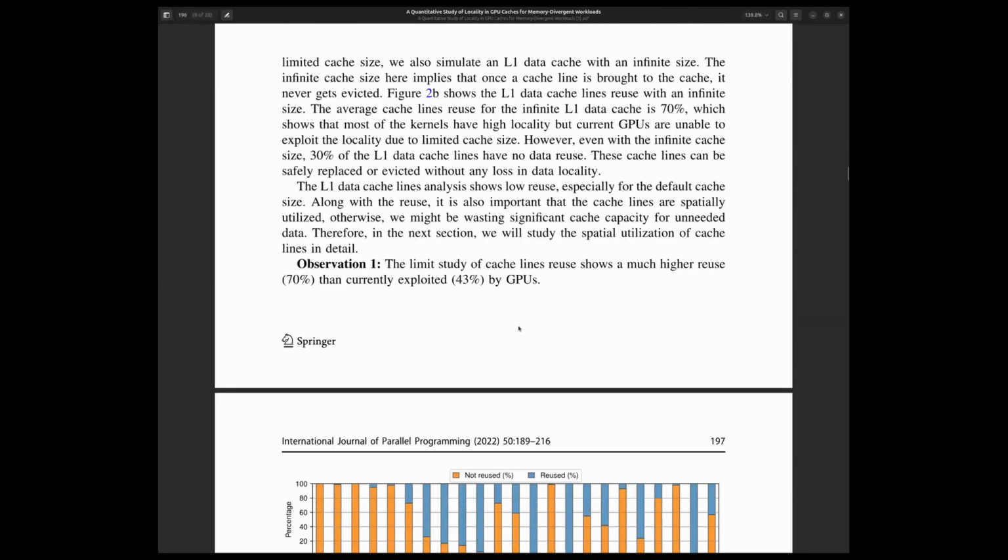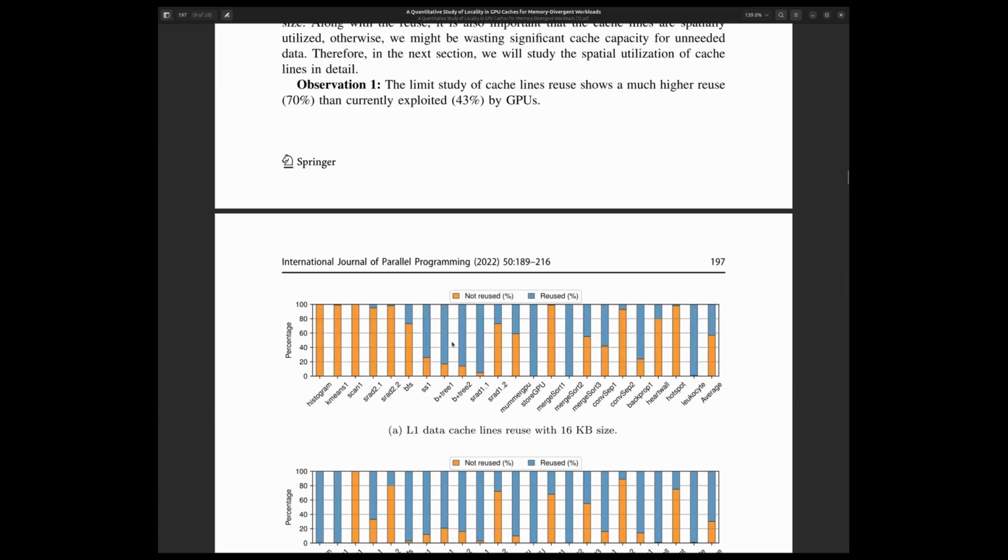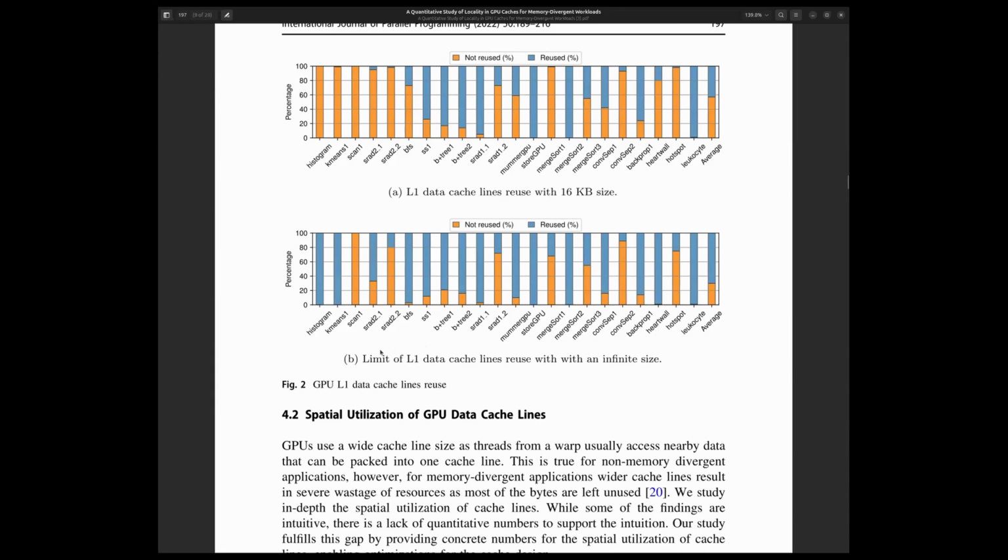And what this shows us, as seen in observation 1 here, is that there's much higher reuse possible than currently exploited by GPUs. This might primarily be due to the fact that cache size is a bottleneck.